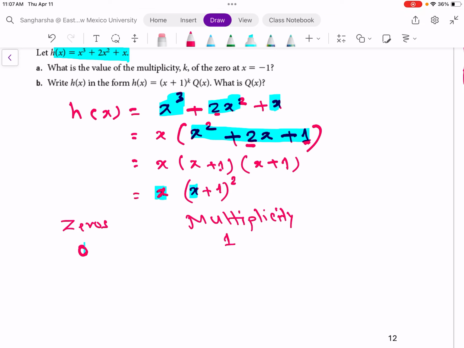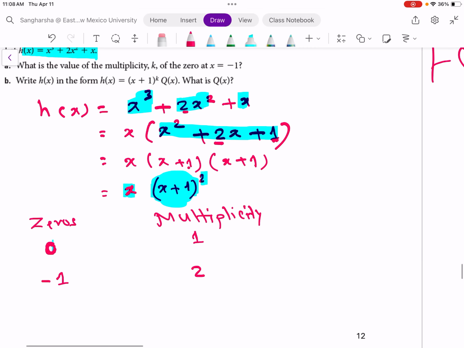Similarly, for what x value is this factor 0? When we choose x equals negative 1, this factor is 0. So negative 1 is another 0 and its exponent is 2, and this 2 is the multiplicity. So we have multiplicity 1 at x equals 0 and multiplicity 2 at negative 1.